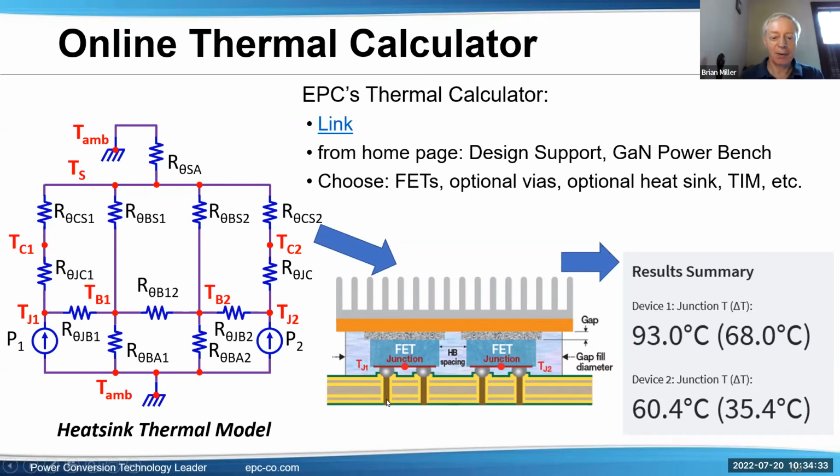You can select vias under the pads or not, a heat spreader or heat sink or not. And beyond just the thermal gap, you can determine whether you want to have gap filler to further conduct heat. Sometimes it makes a nice difference, but with larger FETs, it doesn't do much.